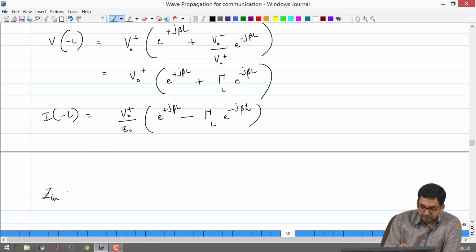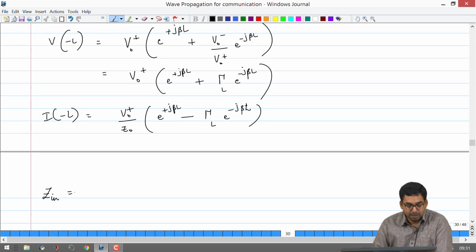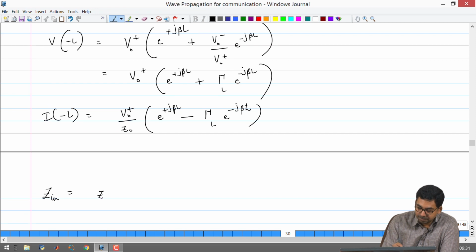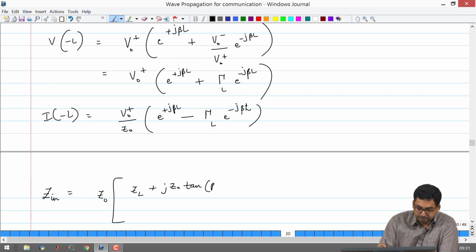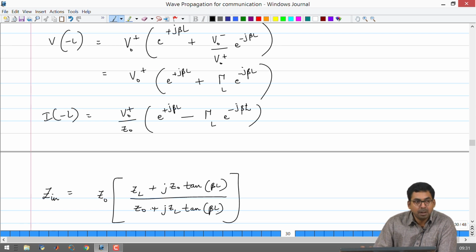So, I can take the ratio of V at minus L to I at minus L, and I am going to end up with Z naught times ZL plus j Z naught... I am not doing the detailed simplification, it is just a sum and difference of complex exponentials, you can do it by yourself.